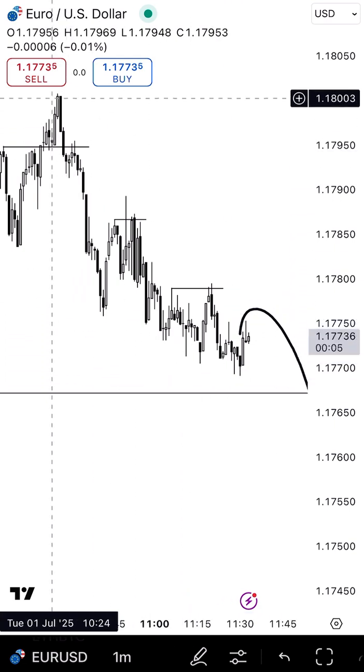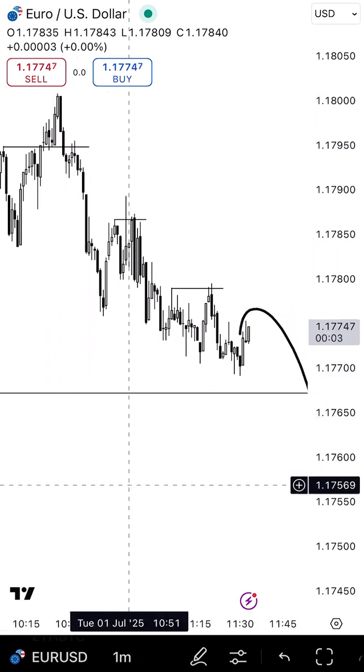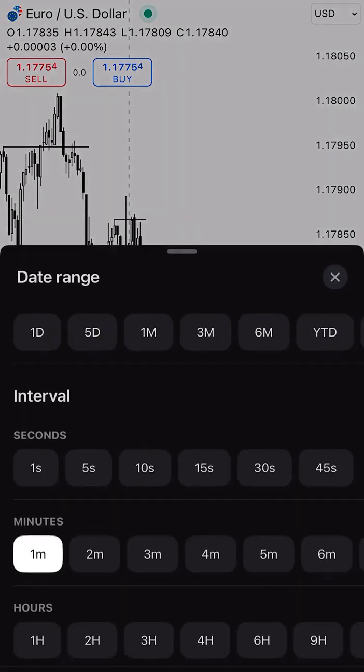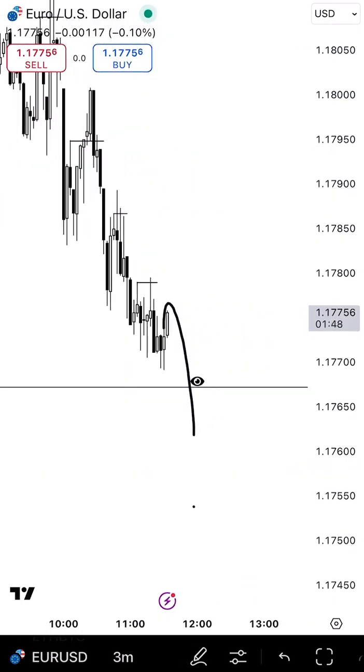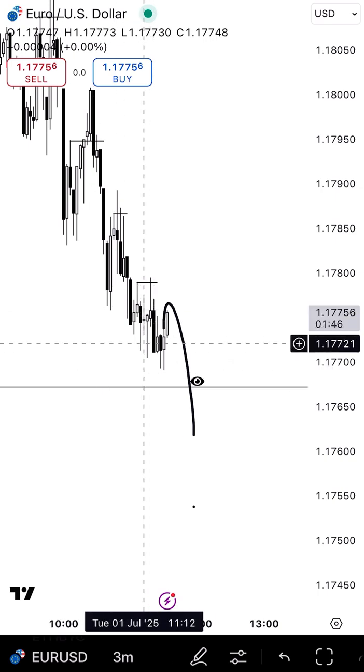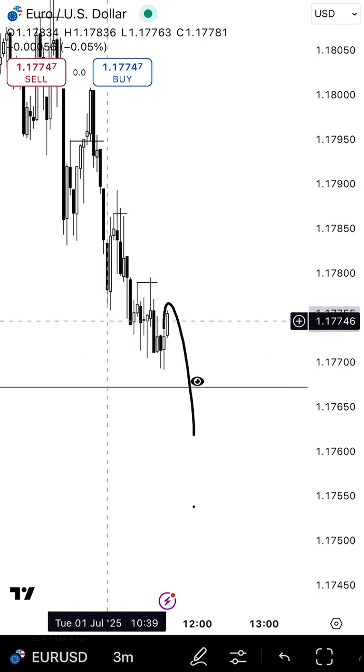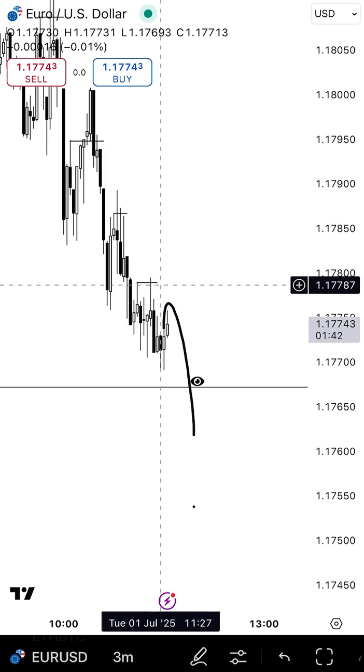If it simply dumped all the way down here at once, then there's no fun in that. Everyone makes money. Right? But in order to truly screw everyone over, they need to wiggle around. They need to go up and then down and then stop right here in this little range, bounce around up and down, and then dump.